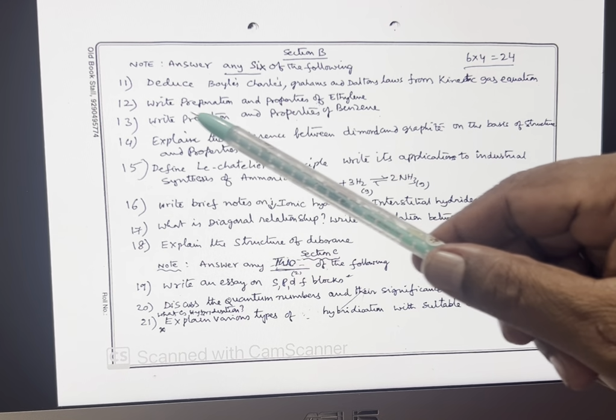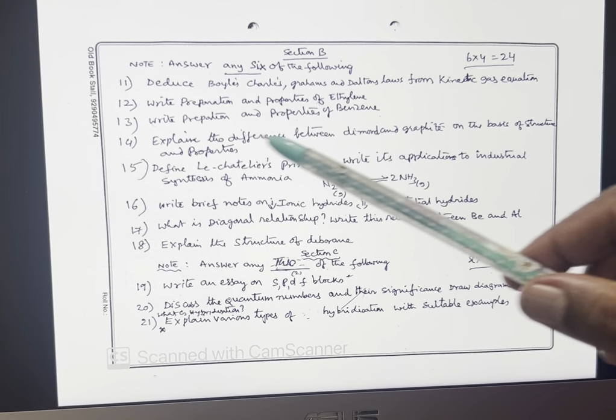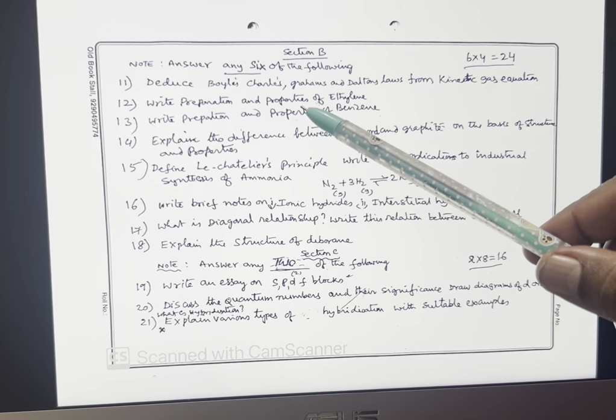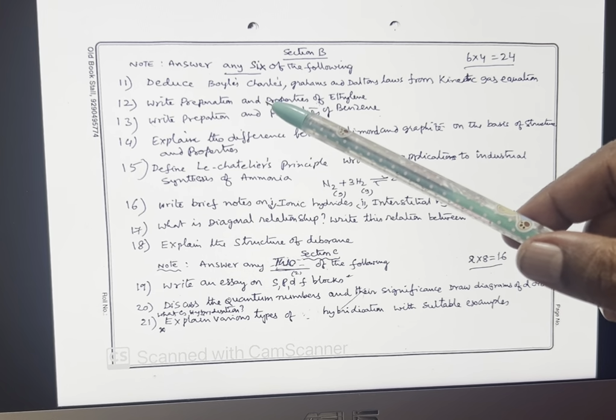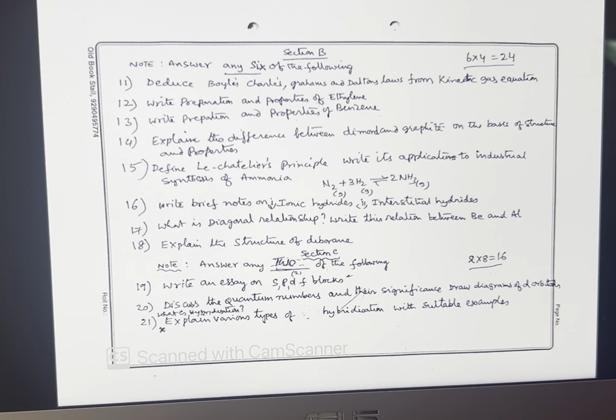So here, write 3 preparations and 4 to 5 properties. If you write 5 properties, 1 or 2 may be wrong, so minimum 3 properties will be correct. So you will definitely get complete marks for that particular question without losing any marks.